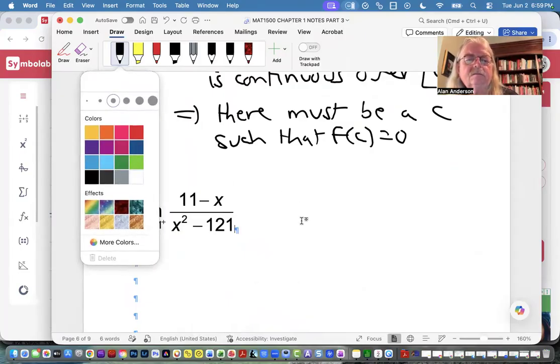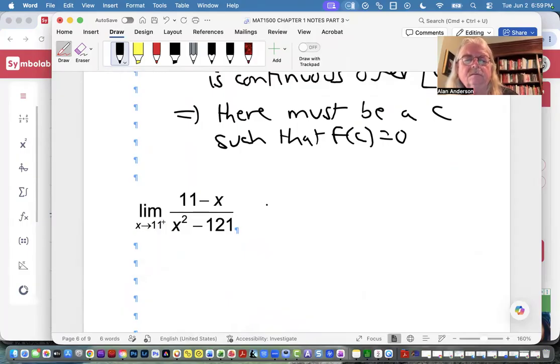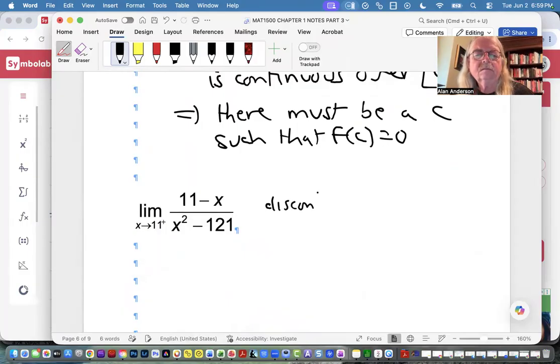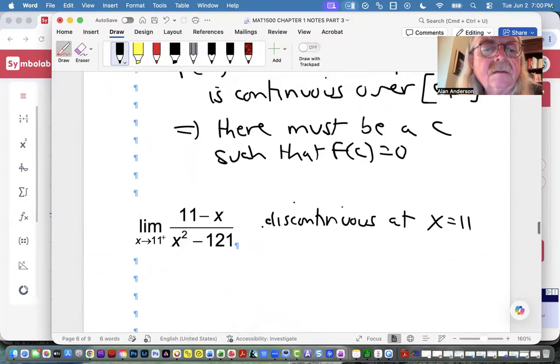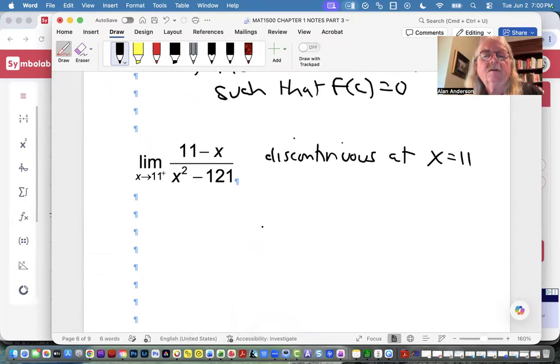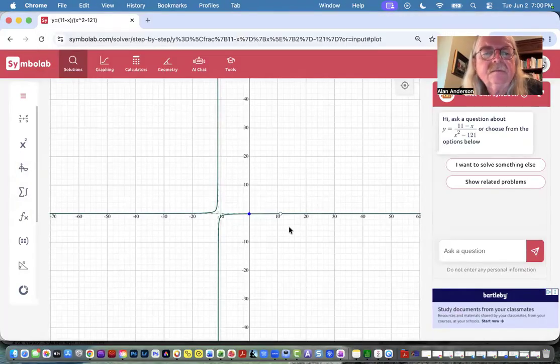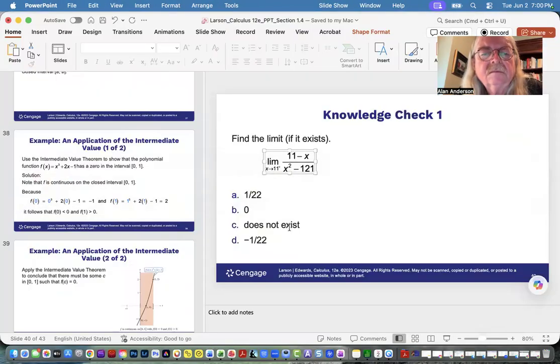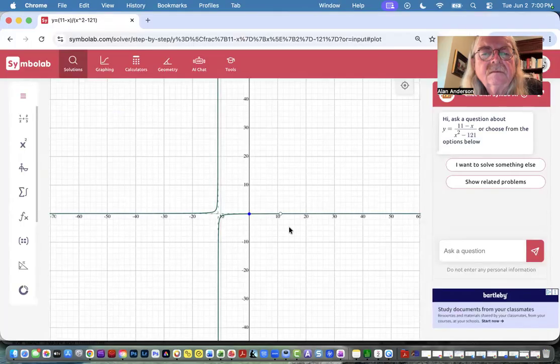Okay, so now if you look at the graph carefully, if we approach from the left and the right, we're approaching the same point.